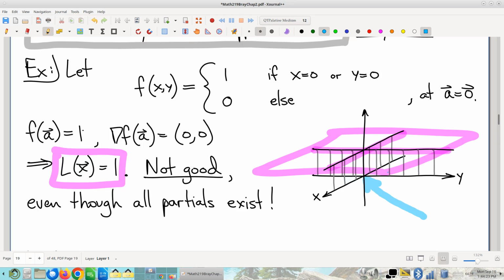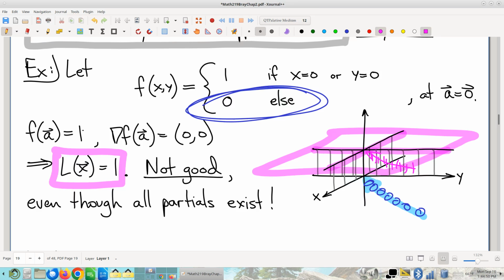Well, let's think about our actual function. Our actual function is 0 the whole way along that path, all the way toward the origin. And yet, the value of this linear approximation is 1 everywhere along that same path.